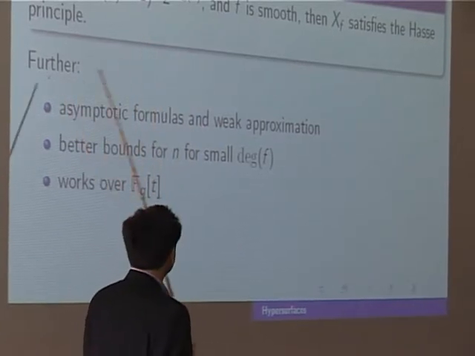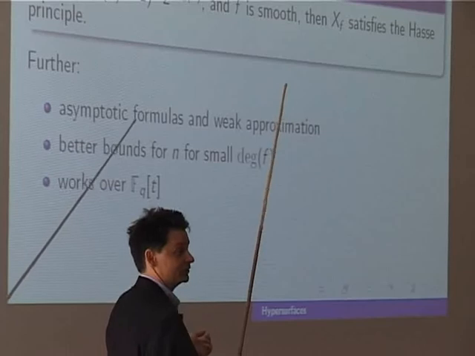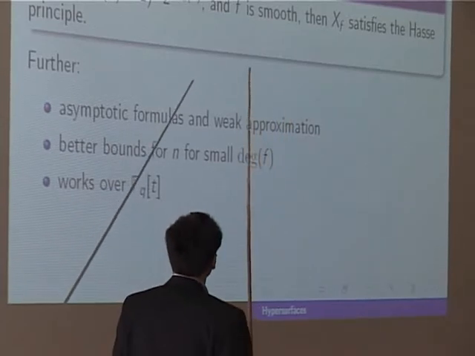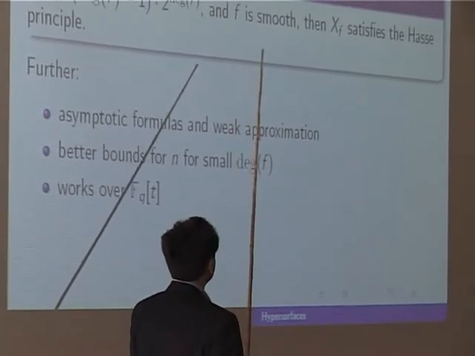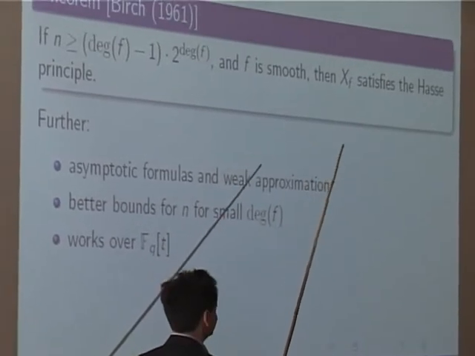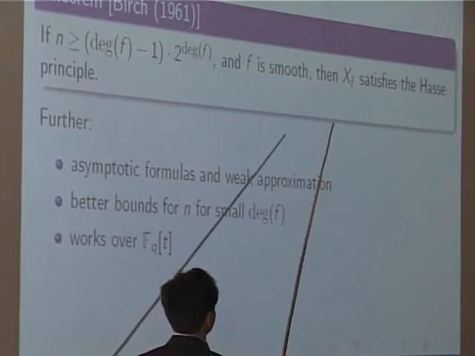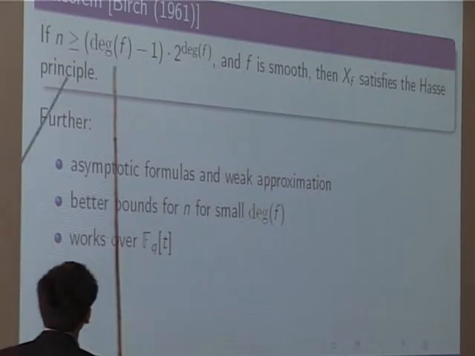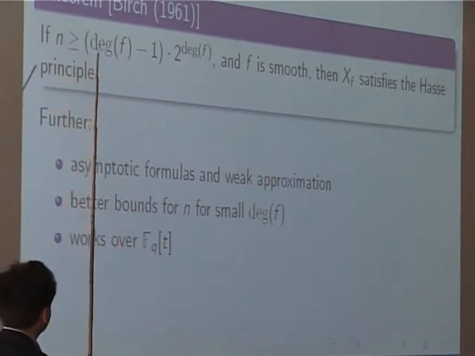And you can arrange for similar things over the p-adics. But then the statement is that assuming existence of local solutions, assuming existence of points on all completions, you get a rational point. So that's the Hasse principle.